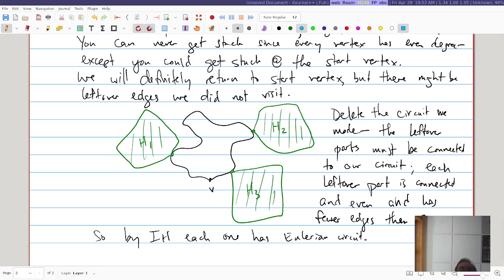That means in H2, for example, there's some path that goes around and visits all the edges in H2 and then comes back.